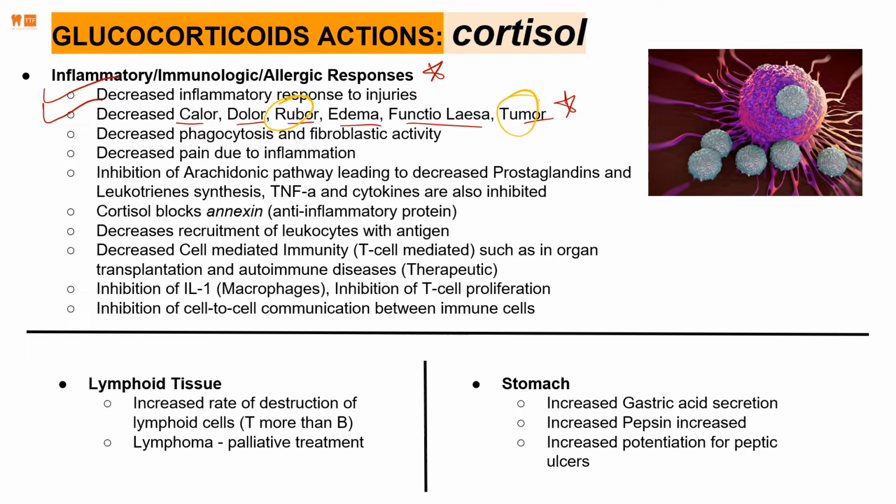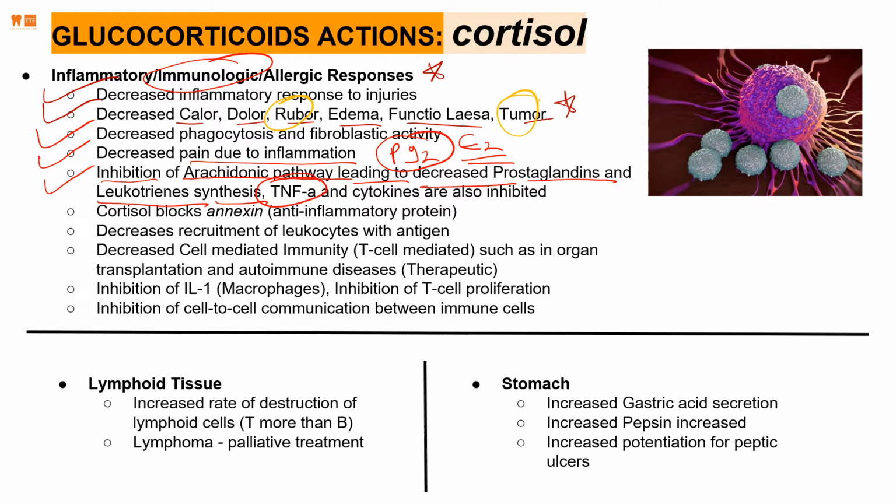Decreased phagocytosis and fibroblastic activity. A decrease in phagocytosis and fibroblastic activity is basically saying decrease in immunologic reactions. Suppression of immunity. Decrease in pain due to inflammation has to do with prostaglandin E2 specifically. Inhibition of the arachidonic pathway leads to a decrease in prostaglandin and leukotriene synthesis.